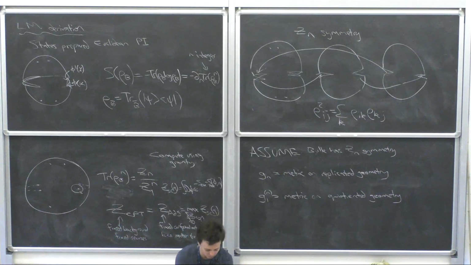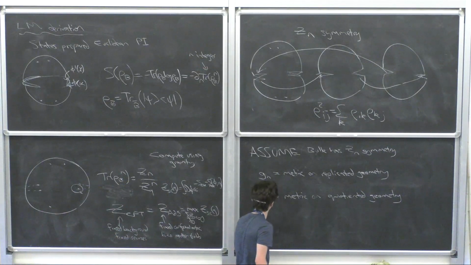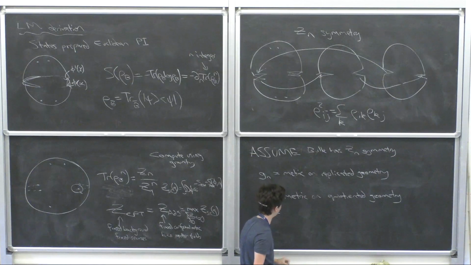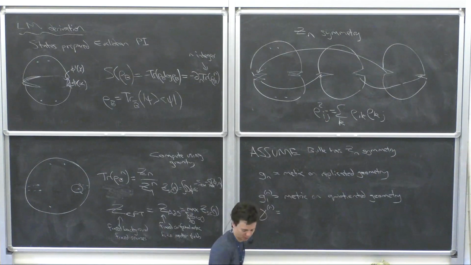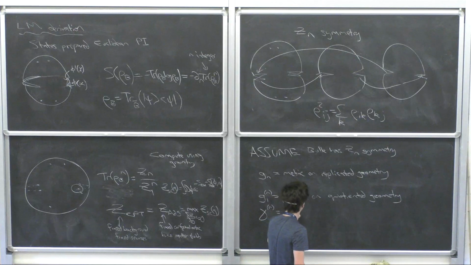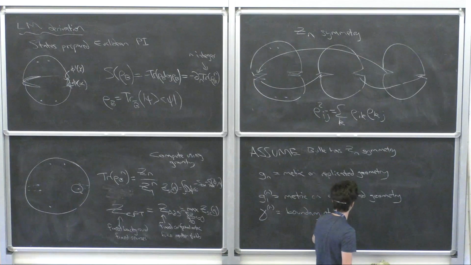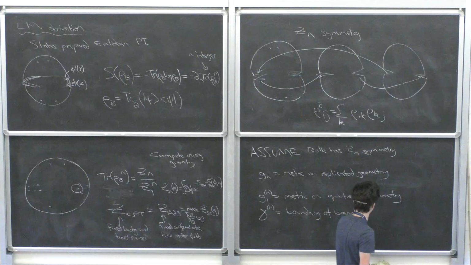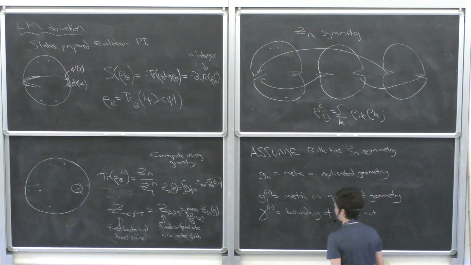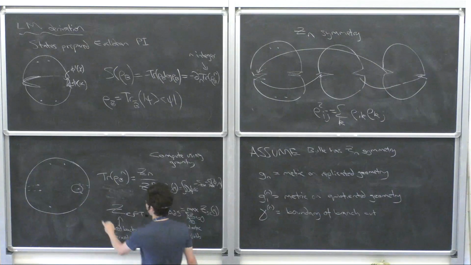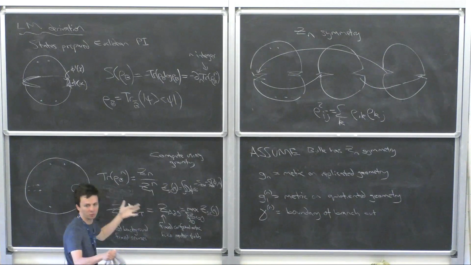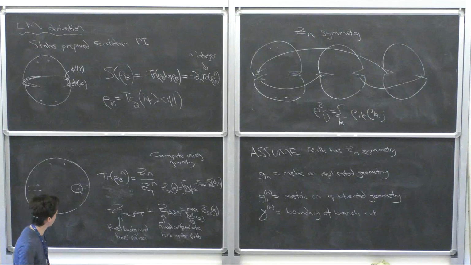Okay? So we need some surface, gamma_n, that describes the boundary of the branch cut in the bulk, on the bulk quotient geometry. So where you have to go, the equivalent of this little loop that will take you from one sheet to the other sheet. Okay?